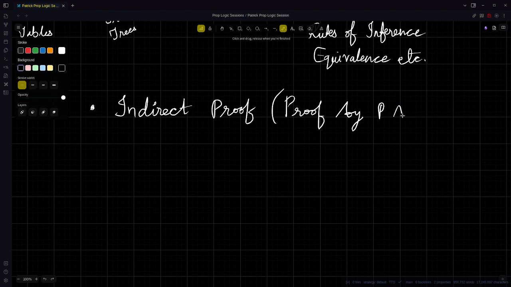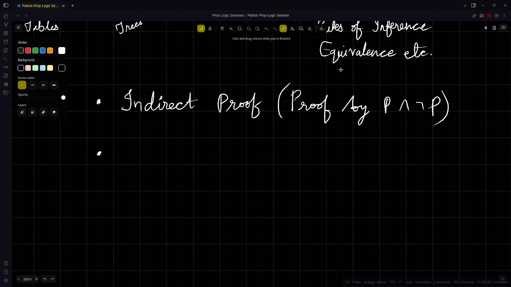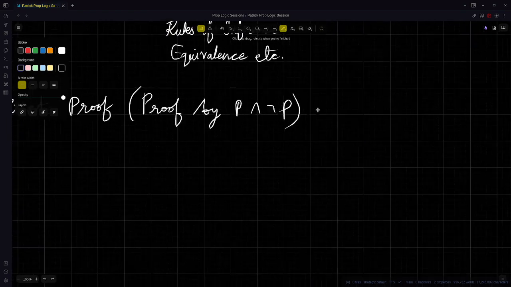I'll just write P and not P because now we are logicians, we are no longer common people. So this is proof by contradiction. It's also called, even more familiarly maybe, reductio ad absurdum.